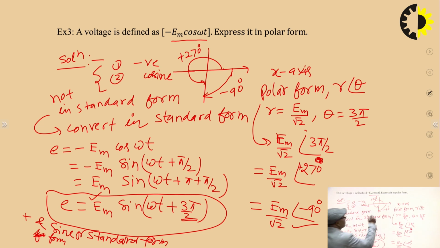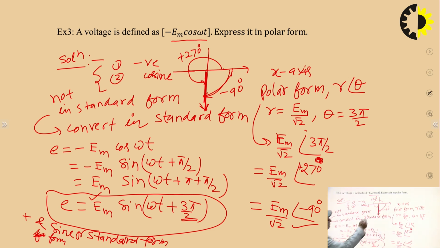So this is why I have written plus 270 degree is equivalent to minus 90 degree. Suppose a phasor is along the negative y axis. Then we can say that the phase angle of this phasor is plus 270 degree, or the phase angle of this phasor is minus 90 degree.